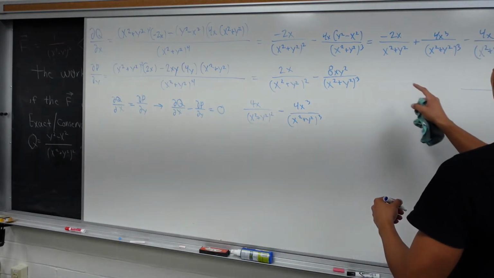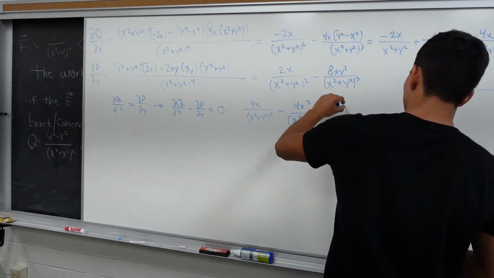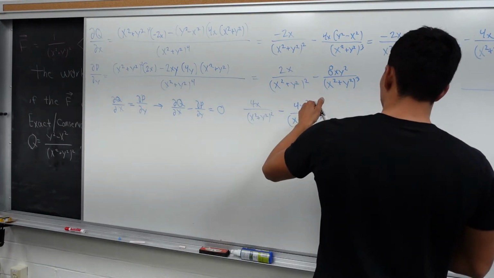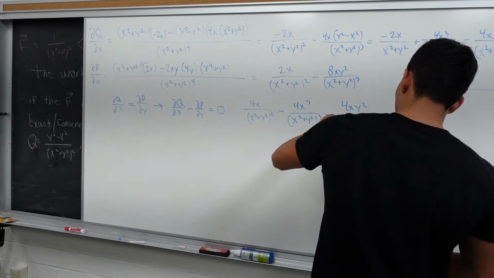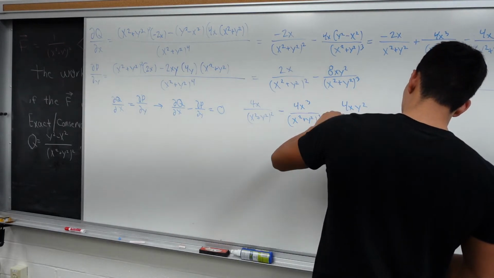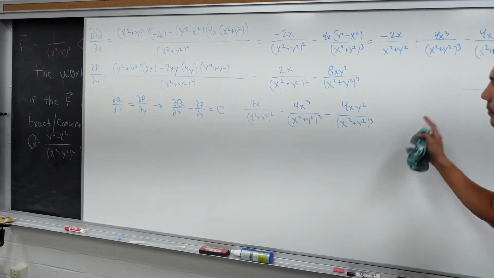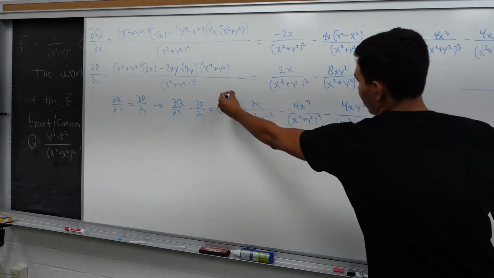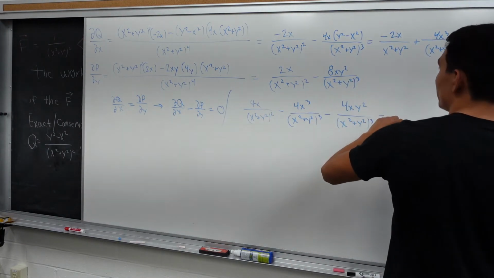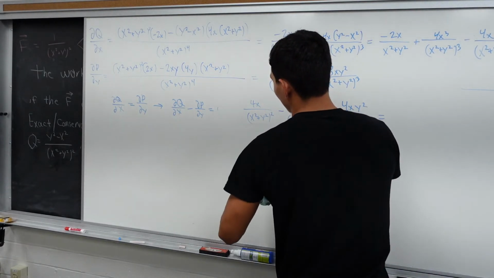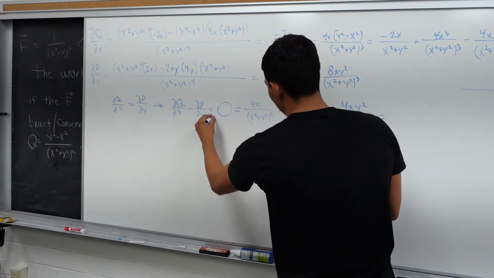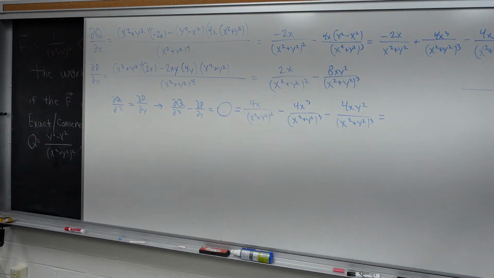Then I'm going to add this one to this one, so it's going to be minus 4xy squared, x squared plus y squared. So I'm arguing that this is equal to 0. Okay?